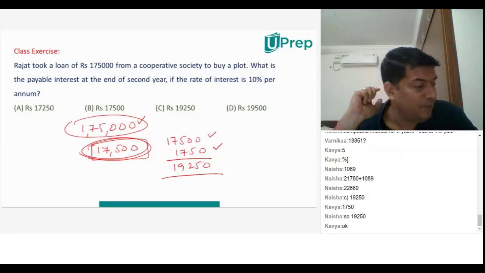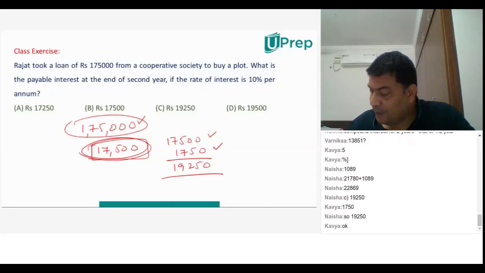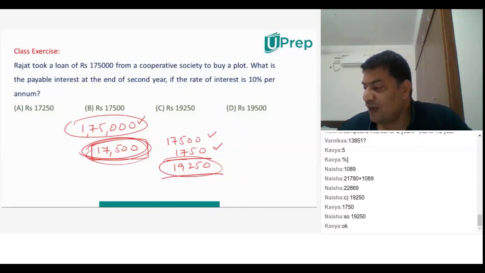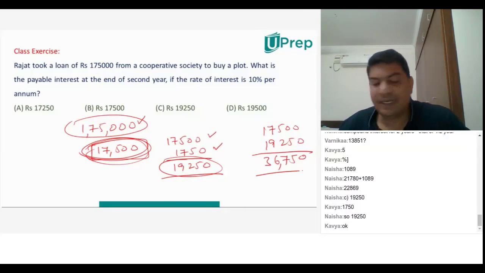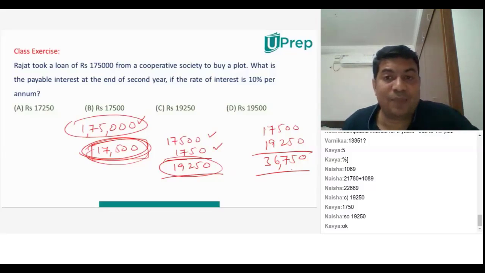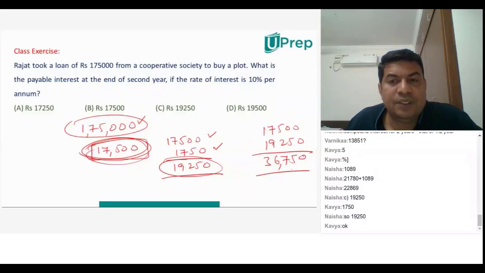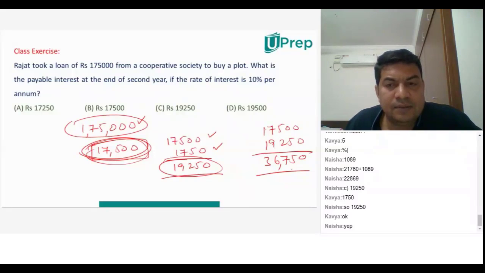So overall interest will be 17,500 plus 19,250. This is in case you want to calculate the overall interest paid at the end of 2 years. I hope you're getting it. So we are doing this without a formula, correct?